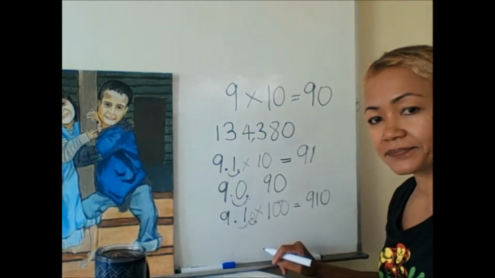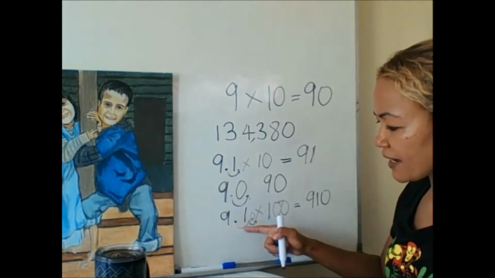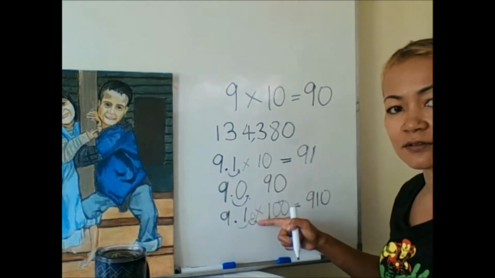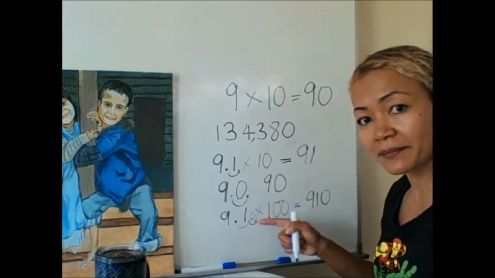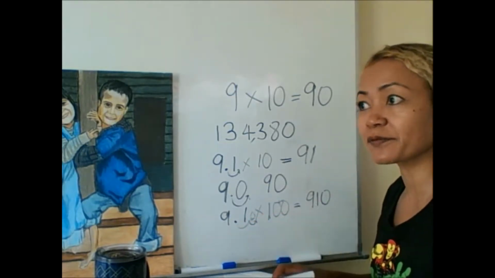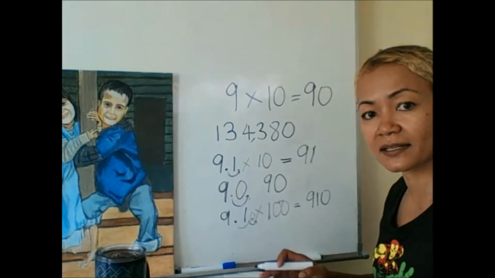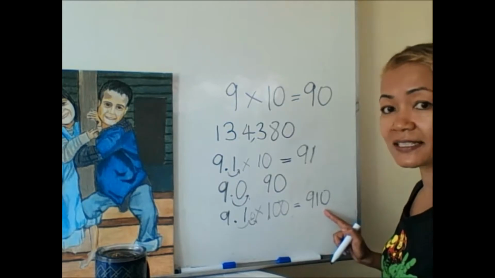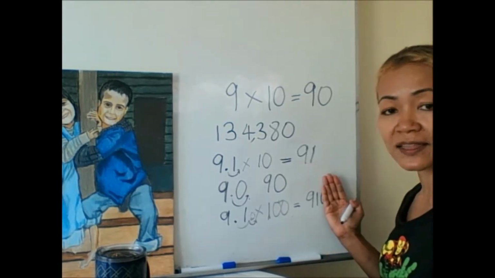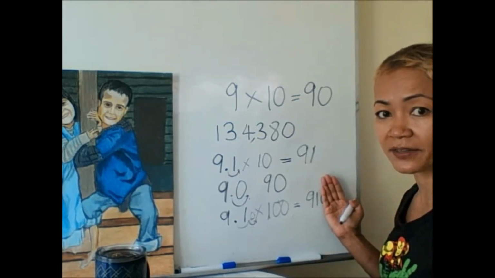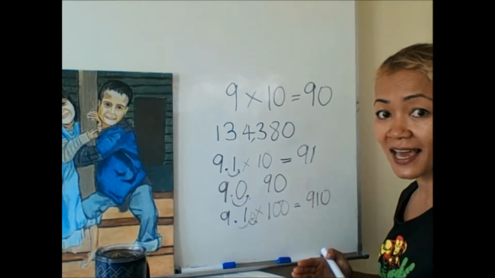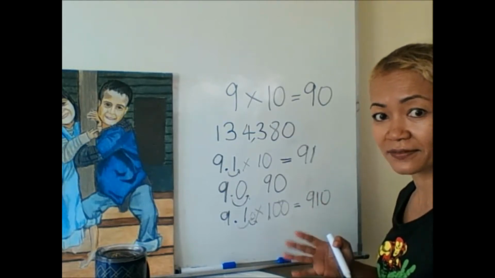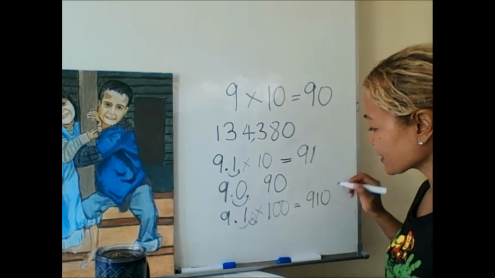Did you get that? So it moves after the 1 and after the 0, which is there the whole time, except that we didn't show it before because it was not significant. Now it's significant because this 0 is very important. Without the 0, the number is 91. There's a very big difference between 91 and 910. Very different numbers.